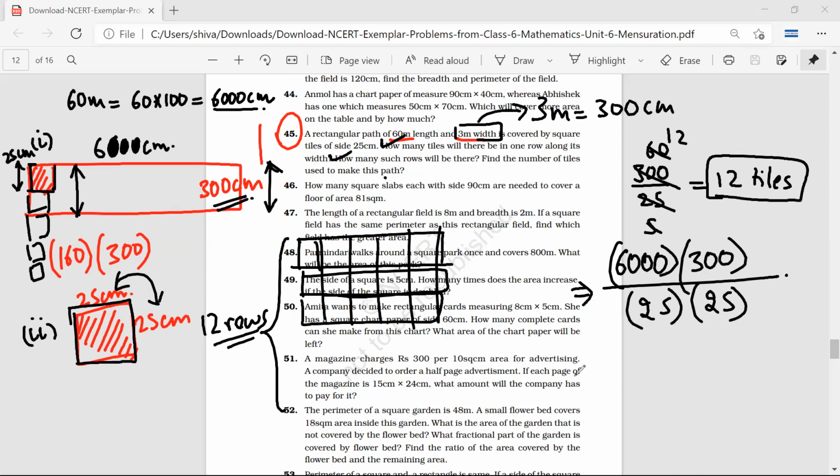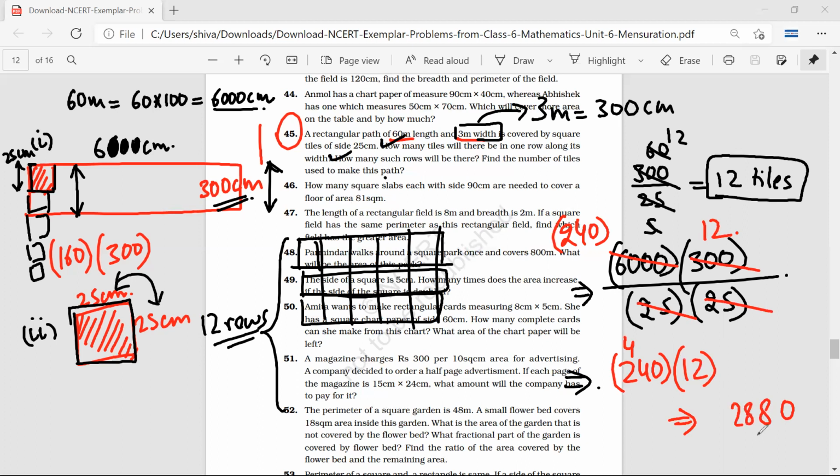And this will give me the answer. So once I cancel this, 25 into 300 would be 12. This would be 25 twos are 50, 25 fours. So this will be 240 into 12. So this will be 12 zeros are 0, 12 fours are 48, 12 twos are 24, 288 times.